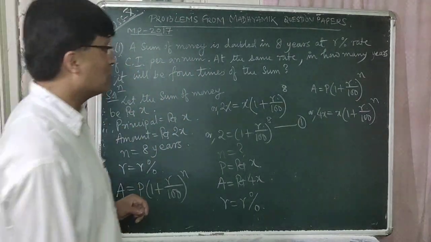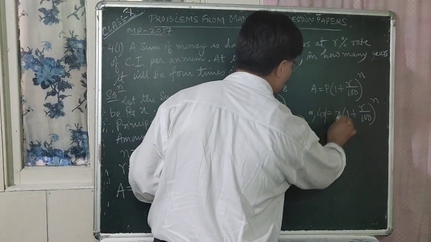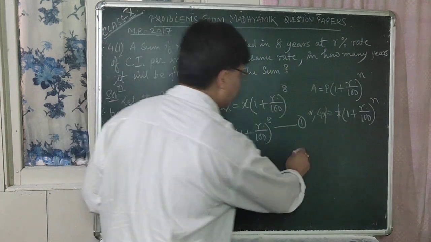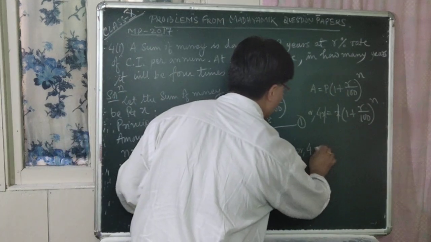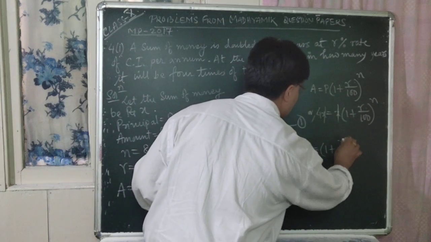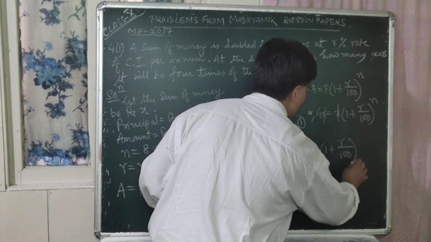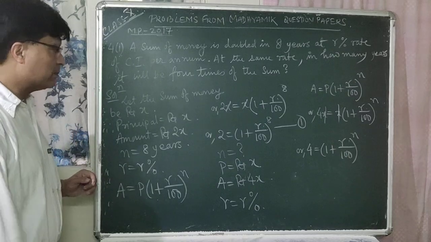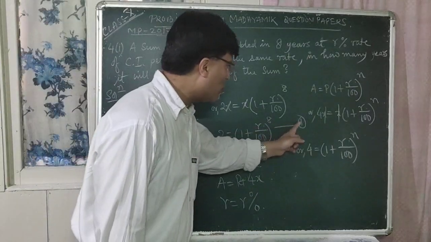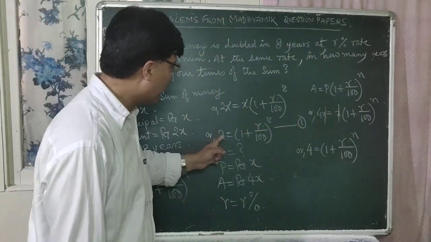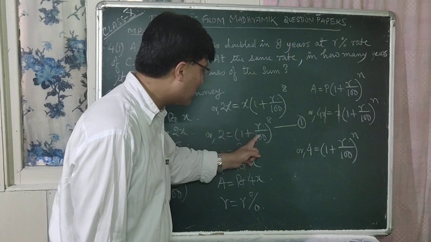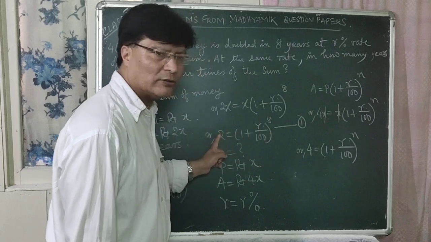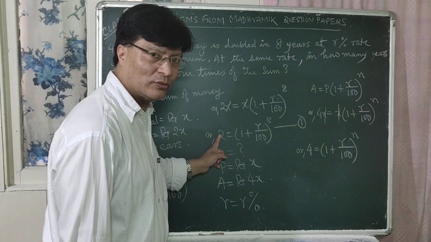So in this case also you can cancel this X, or 4 is equal to 1 plus r upon 100 whole to the power n, right? But from number 1 we know that 1 plus r upon 100 whole to the power 8 is equal to 2, right?